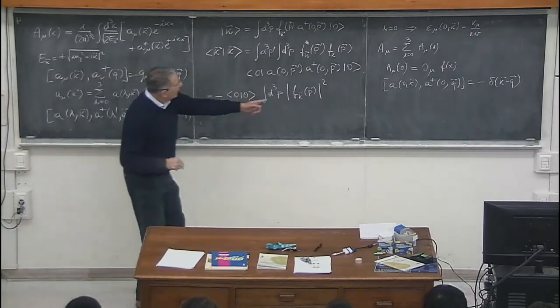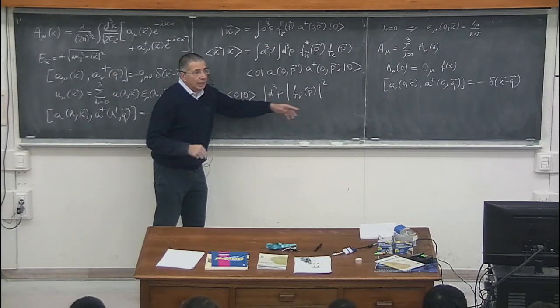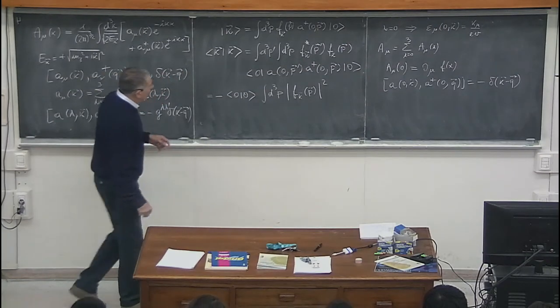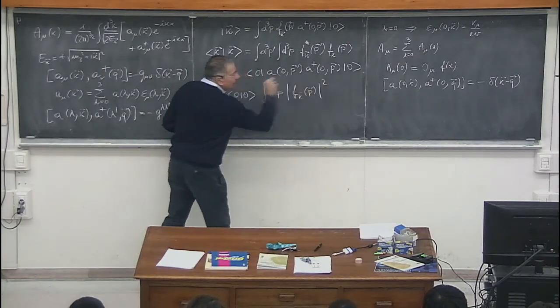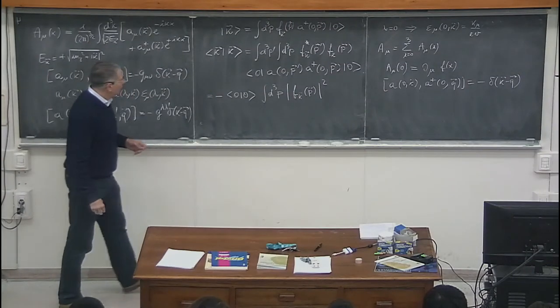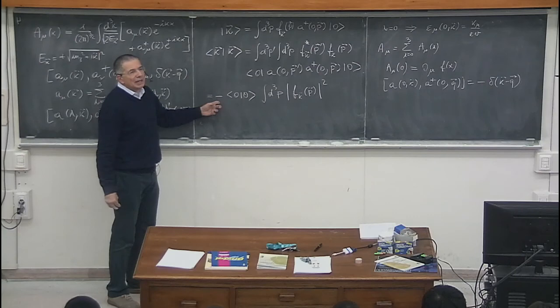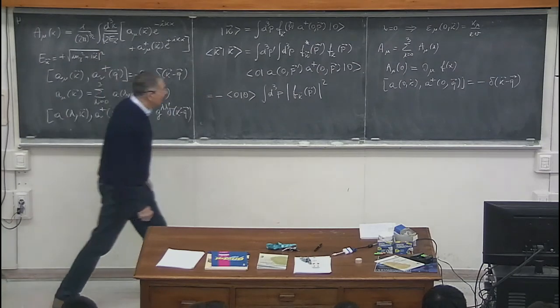This is a finite integral because this is a wave packet, so it goes to 0 rapidly at p equal to infinity. And it is positive definite because it is the integral of a positive function. The norm of the vacuum state is assumed to be positive, and there is a minus sign here. So this is less than 0.